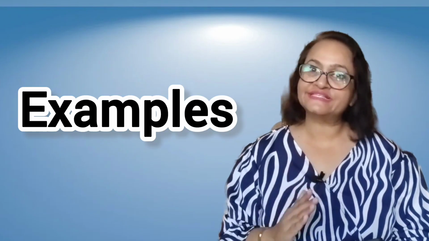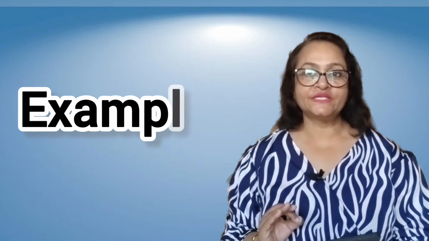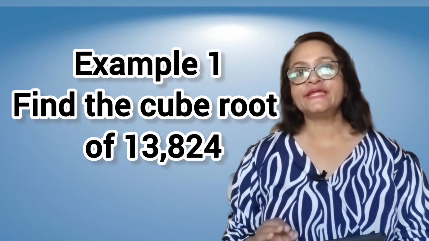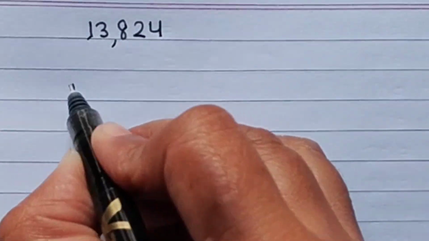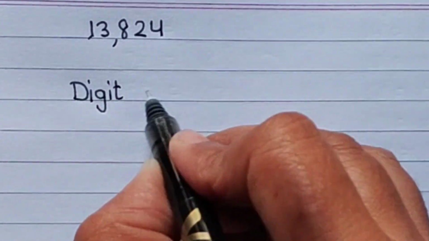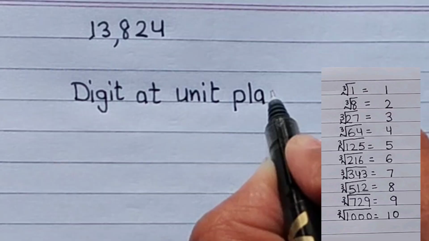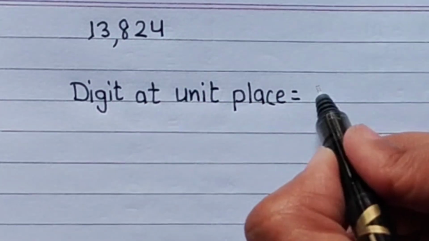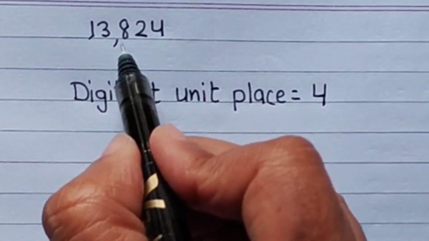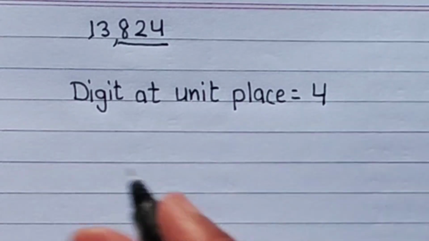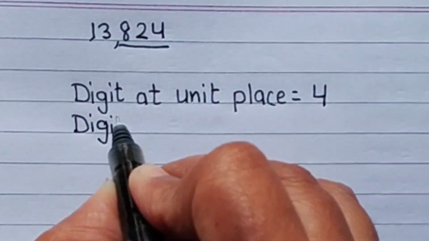Still confused? Let's understand it with the help of examples. First example is cube root of 13,824. Here the last digit is 4. That means the digit at unit place in the cube root is 4. Now to find the digit at tens place, ignore the last 3 digits. Remaining digits are 1, 3 means 13.